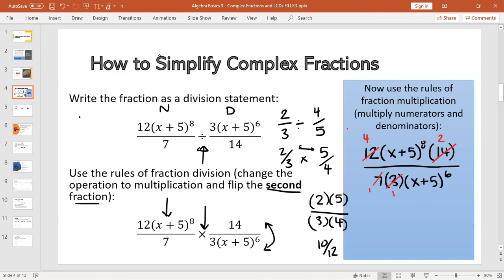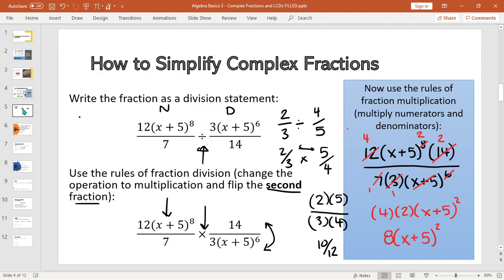So I can use my exponent laws to do 8 minus 6 and get (x plus 5) to the power of 2, or you can just do canceling, 8 minus 6, 2 here. So essentially, this whole thing has disappeared. And we write our final answer, which will be 4 multiplied by that 2 multiplied by (x plus 5) squared, and then I simplify that 8 onto (x plus 5) squared. And you'll notice the denominator has disappeared. That's fine. Sometimes that happens, sometimes it doesn't.